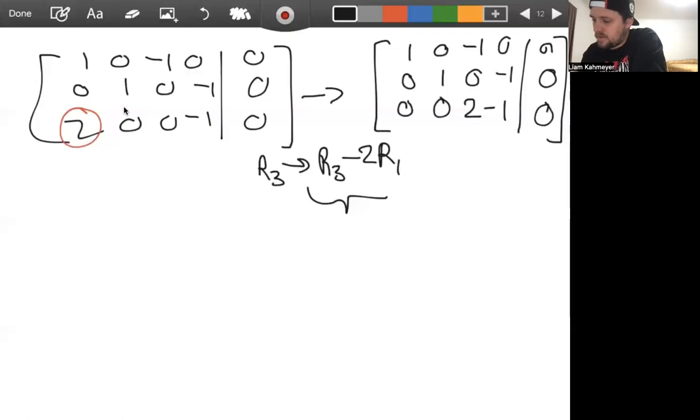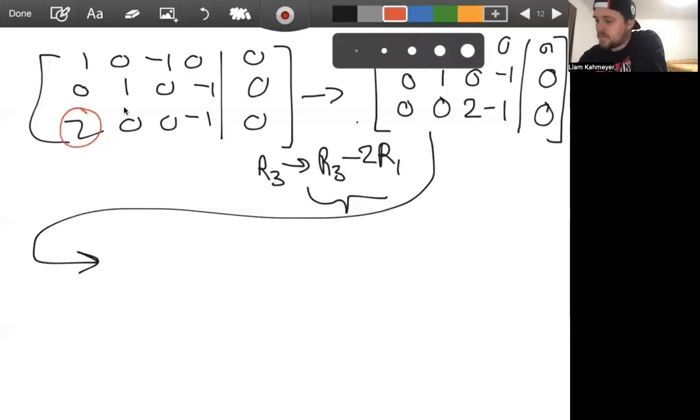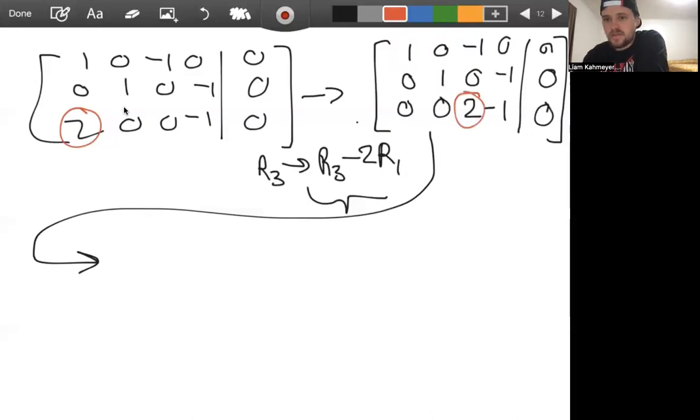Now, sorry, I'm going to kind of snake my way back. This is almost in row echelon form, right? What's keeping this from being in row echelon form right now is that the third pivot position here is not a 1.